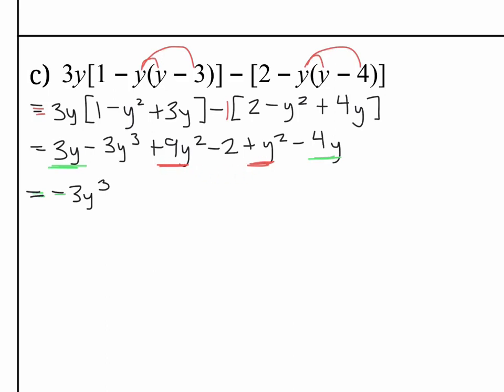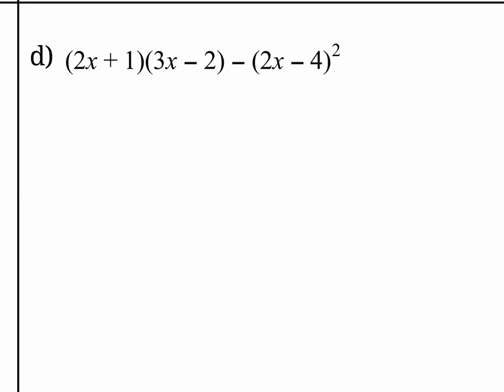So we have 9y squared plus y squared is going to be 10y squared. Then we have our y's. We've got 3y minus 4y. That's going to be negative 1y or negative y. And then we have this minus 2 just chilling on the outside. We have no more like terms left to collect, and therefore we are done.